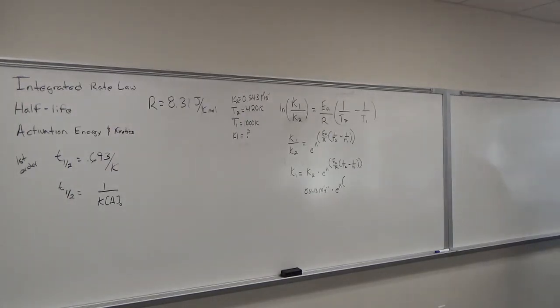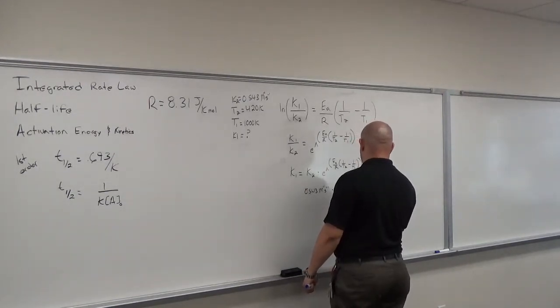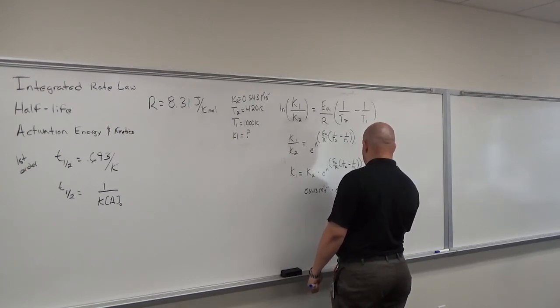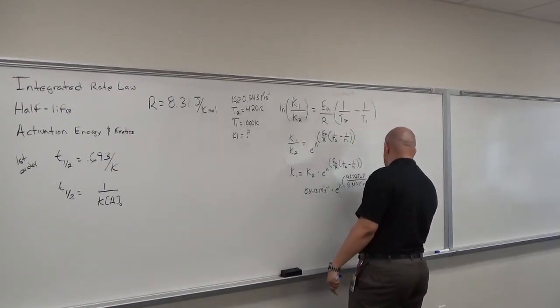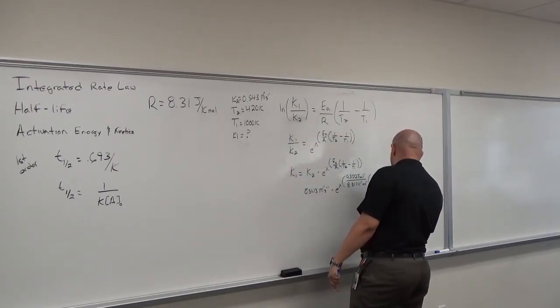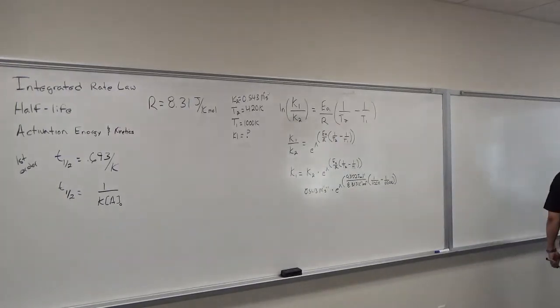So 93122 joules per mole all over 8.31 joules per Kelvin mole, times 1 over T2 in this case is 420 minus 1 over T1 is 1,000. These are both in Kelvin. And if you plug this into the calculator correctly, which is going to be important, use parentheses, or do it one by one, step by step, whatever makes you comfortable.